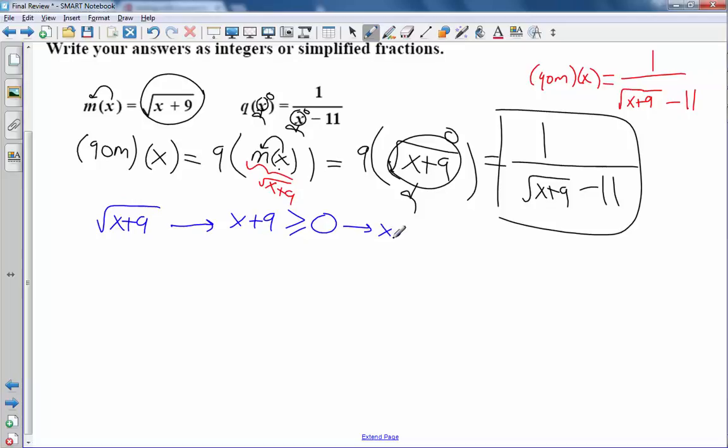This implies I need to pick always my numbers more than minus 9. Fine. We've got this result. This one is happy if you give any number more than negative 9 into that function.